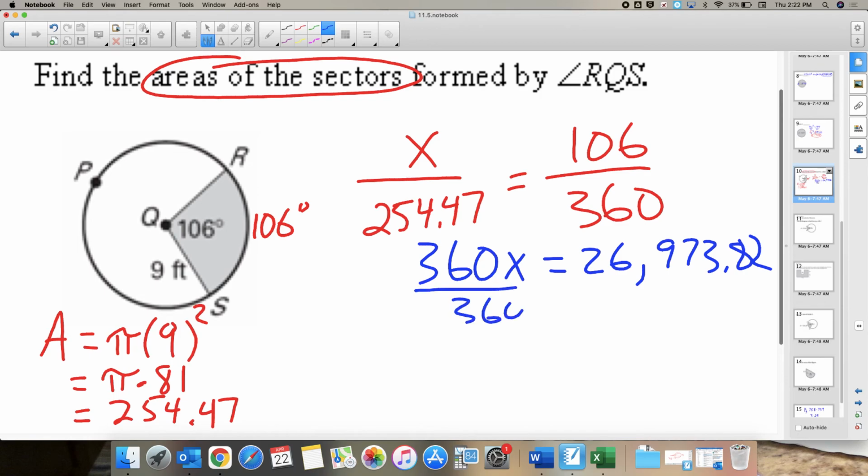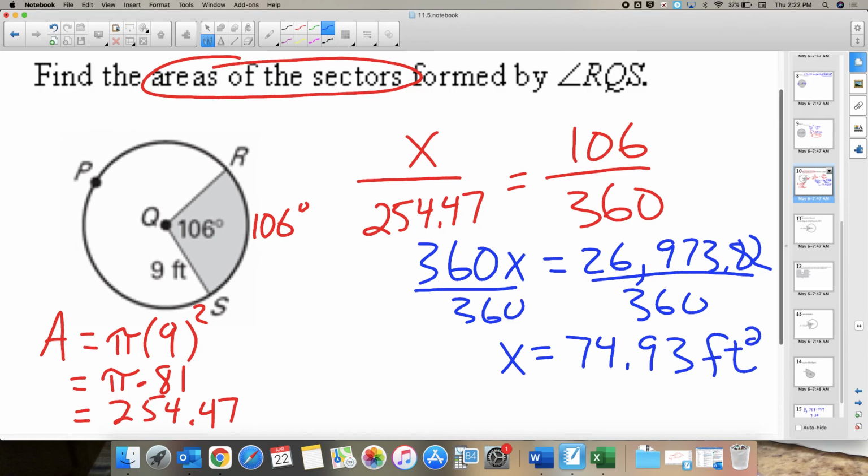Then we'll just divide both sides by 360. So x equals 74.93. And in this case, we're looking at feet squared because it's an area. And that was the 106 degree part. So that was our shaded portion.